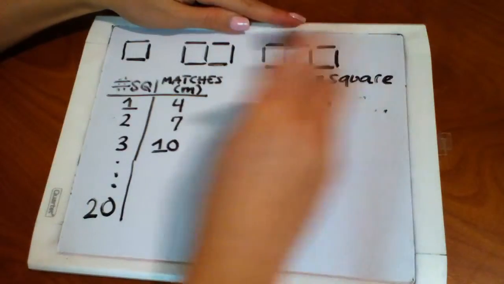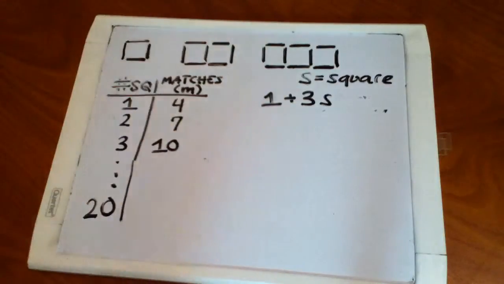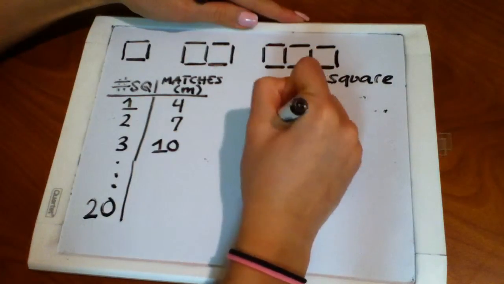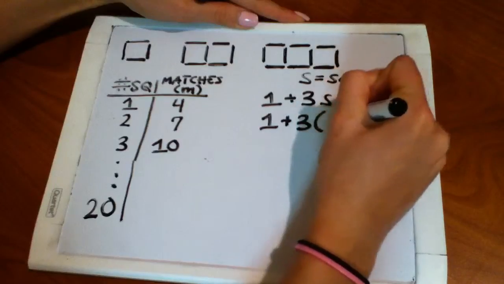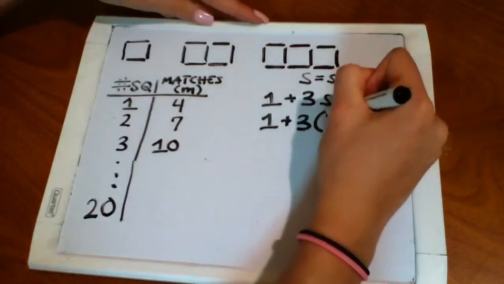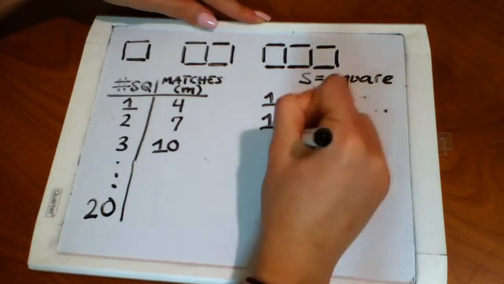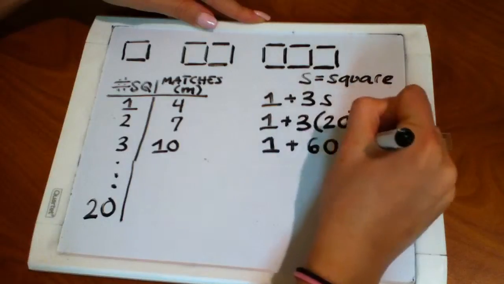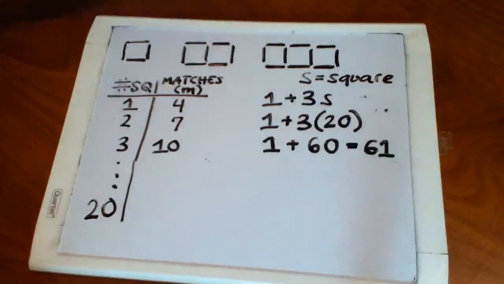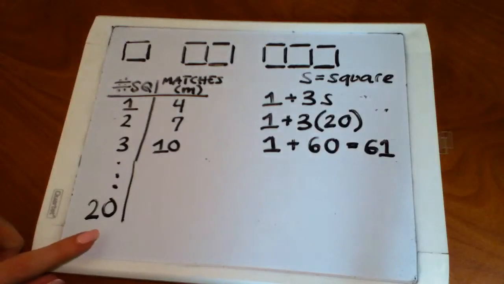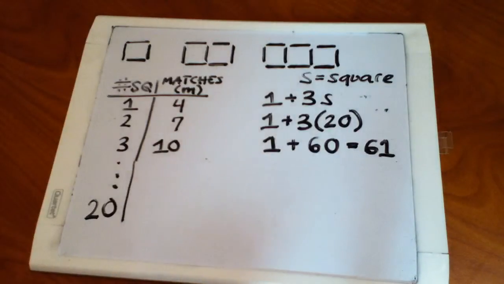So 1 plus 3 times our amount of squares, which is 20. 3 times 20 is 60, plus 1 is 61. So for 20 squares, we would have 61 matches. So that's how you can look at the relationship between the amount of matches and squares to find a future term in the pattern.